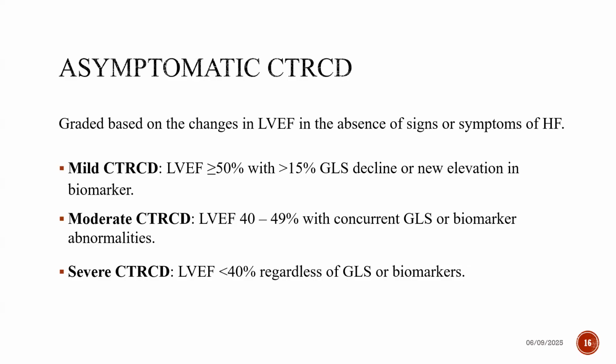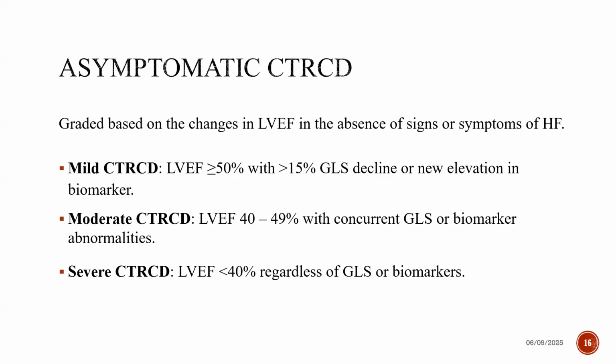So we have a normal EF, the patient is asymptomatic, but when you do the global longitudinal strain, you find that there is a 15% reduction as compared to the baseline, if there was a baseline, or when there is a new elevation in cardiac biomarkers. But in terms of the cardiac biomarkers, there's really no cutoff point where we can say, for instance, if the troponin elevates by 2 times or 3 times, it's diagnostic, since any elevation in troponin compared to baseline is considered significant.